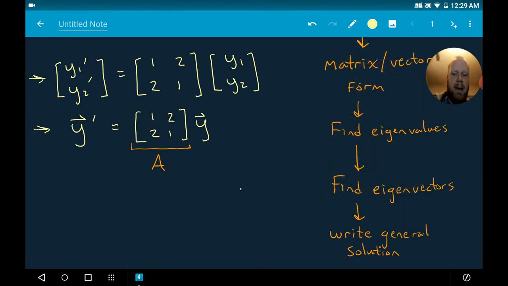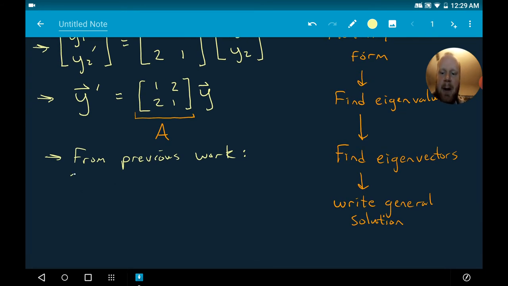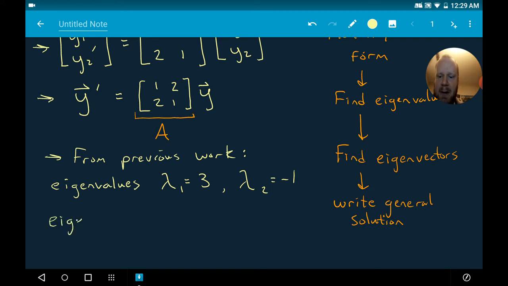So from our previous work, we saw that our eigenvalues were that lambda 1 is equal to 3, and lambda 2 was equal to -1, and then the corresponding eigenvectors that we found.